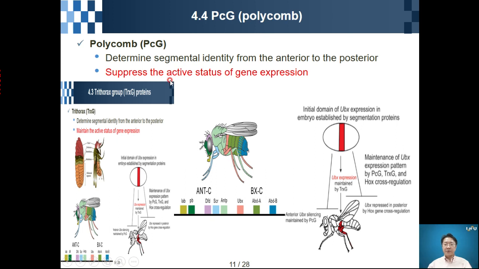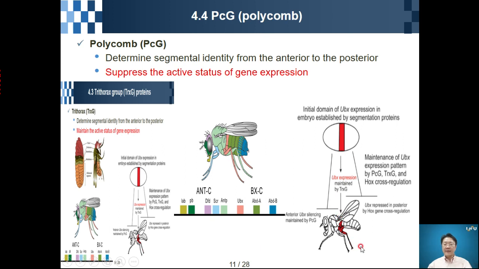Let me introduce one example. We already learned that to make the T3 leg, the UBX gene should be expressed in the T3 segment.